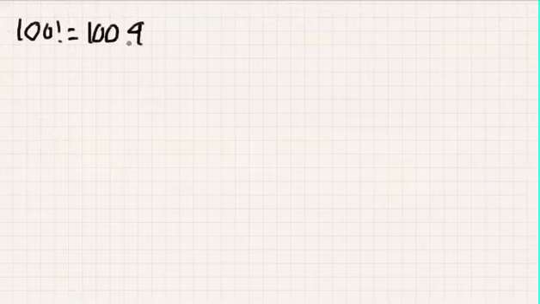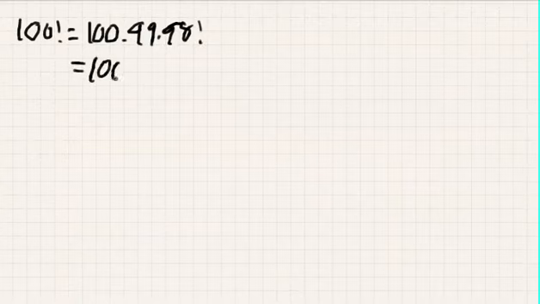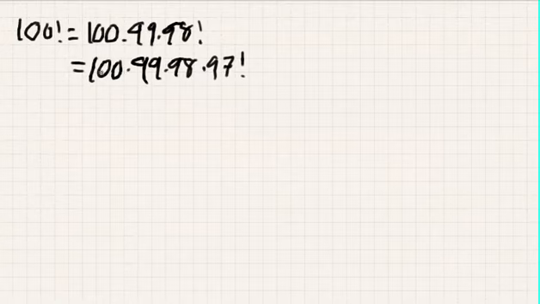So note what I eventually got there: 100 factorial was 100 times 99 times 98 factorial. In fact, that's generally true. If I want to reduce a factorial to a previous factorial, I can keep writing out the numbers less than what I'm starting with, and then stop at some point and put the factorial on that.